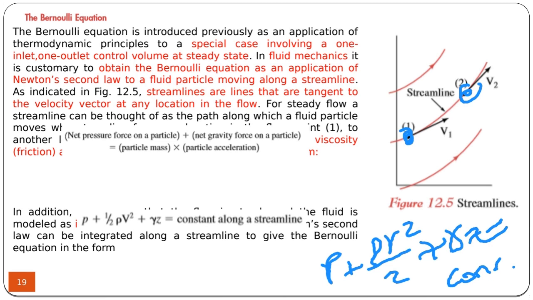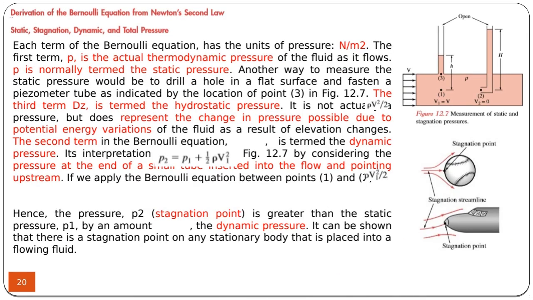But in this case, the total pressure of the system is constant, or as I said, it's another way of saying total energy of the system, the flow is constant. So now that the total energy of the flow is constant, we can use it in several applications.